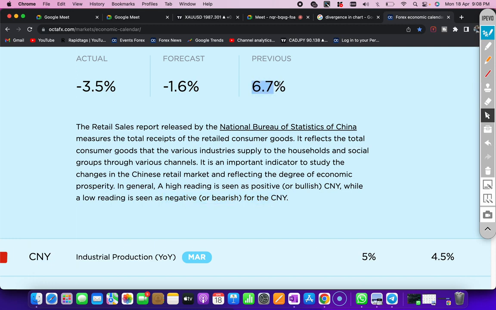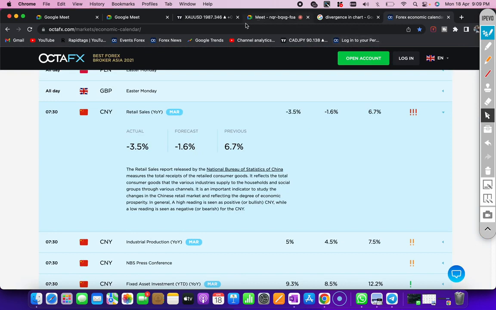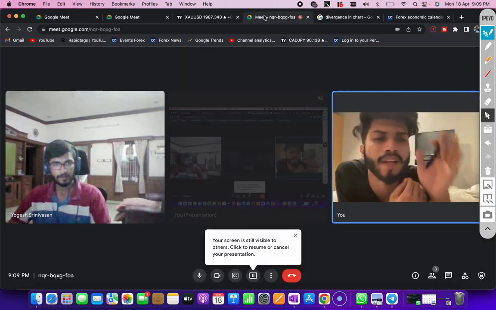So the actual is less than the previous, and it is really less. So the low reading is seen as negative or bearish. So for the CNY pair, it is bearish. That's how we read and utilize these concepts in the market.